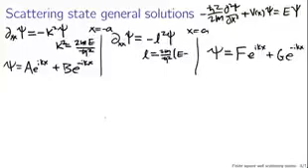Since V of x in the region between minus a and a is minus V naught, this is effectively E plus V naught. So we have our constants here, and in the case of these solutions, we could easily write them in terms of traveling waves with l instead of k, but it's actually slightly easier here to write them instead in terms of sines and cosines.